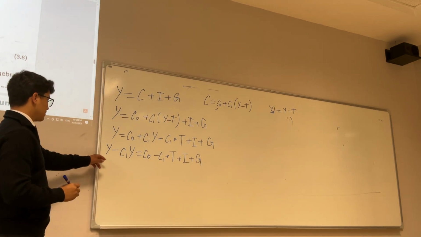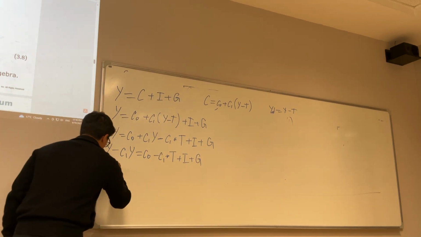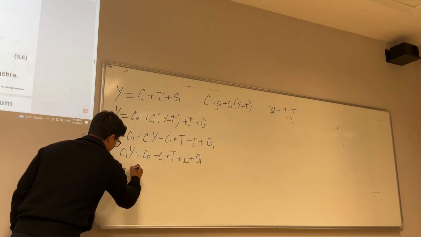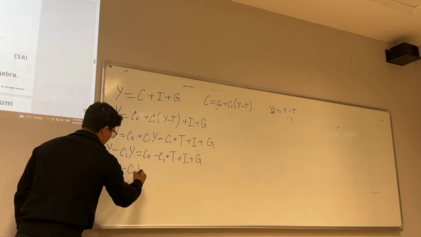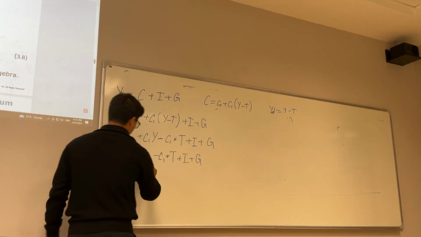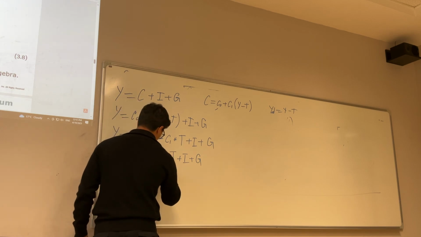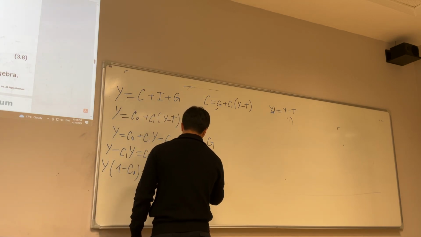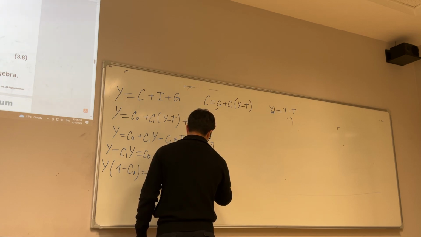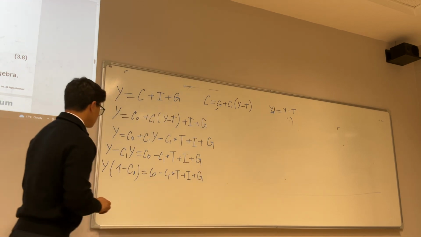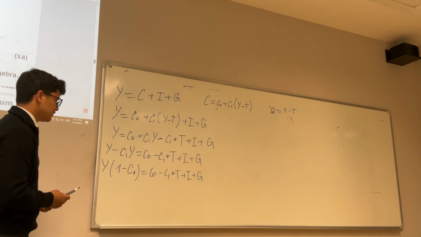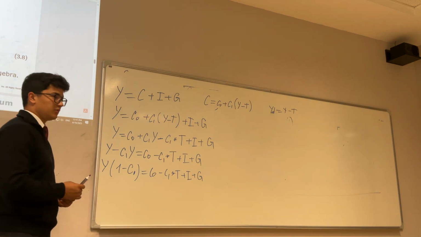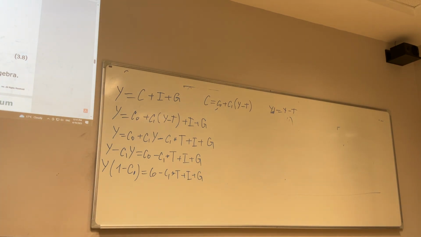Now we can derive Y as Y times (1 minus C1) equals, again, this one. So now what we can do here is find our multiplier and autonomous spending.